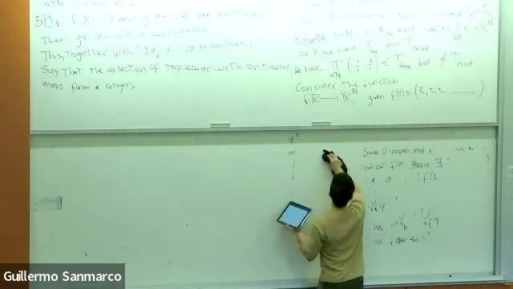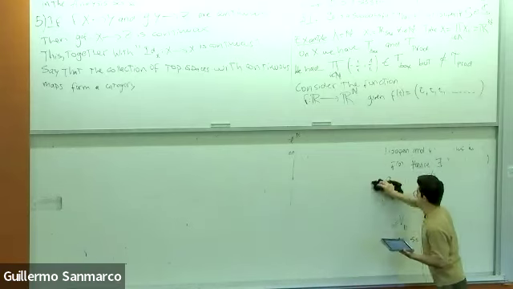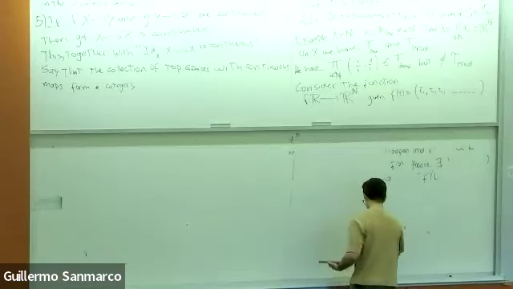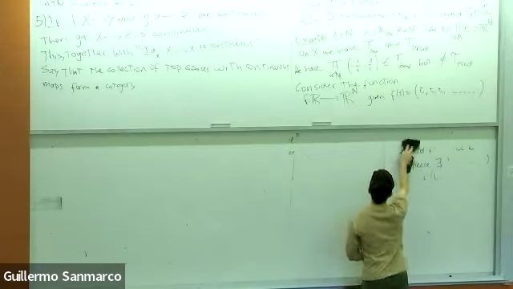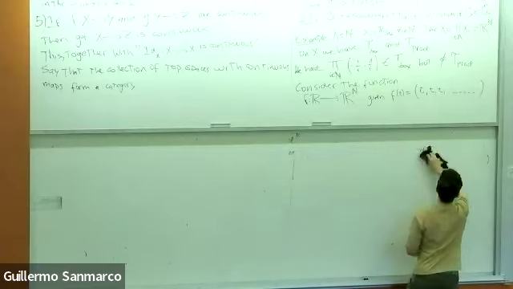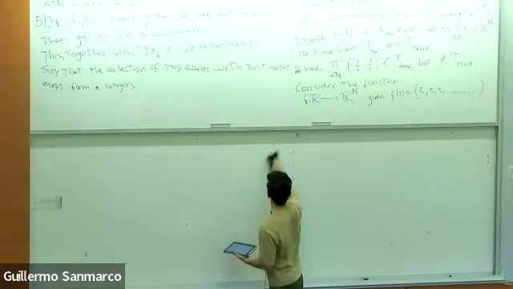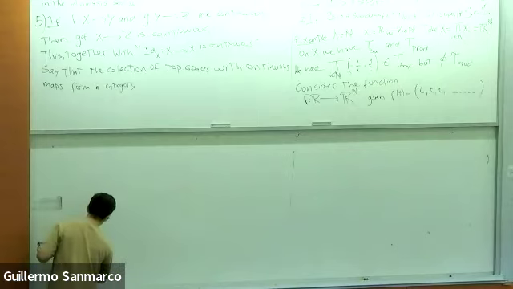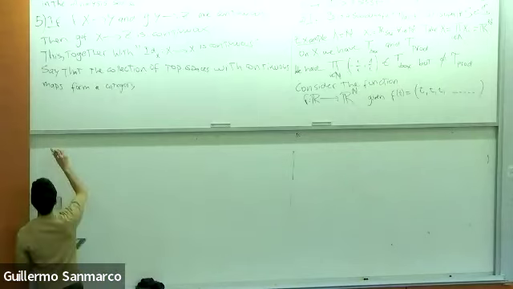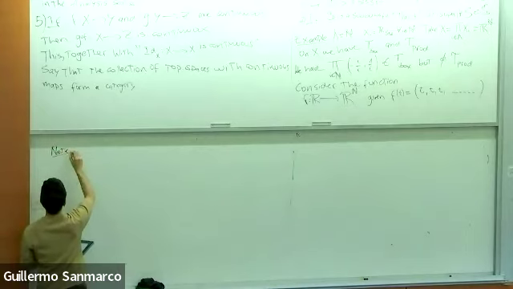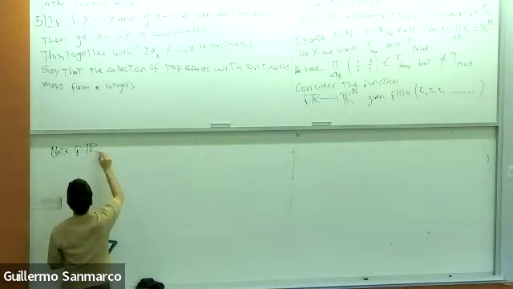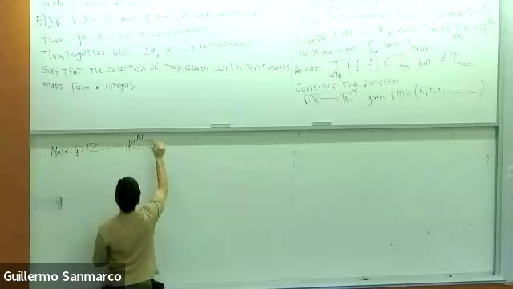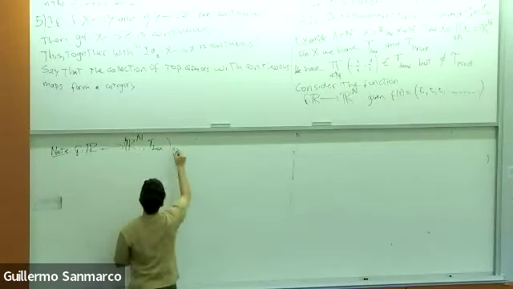So I will write that to be more precise, but I need to be clear about what the topology for the codomain is. So what I want to note is that f, landing into R to the N with the box topology, is not continuous.